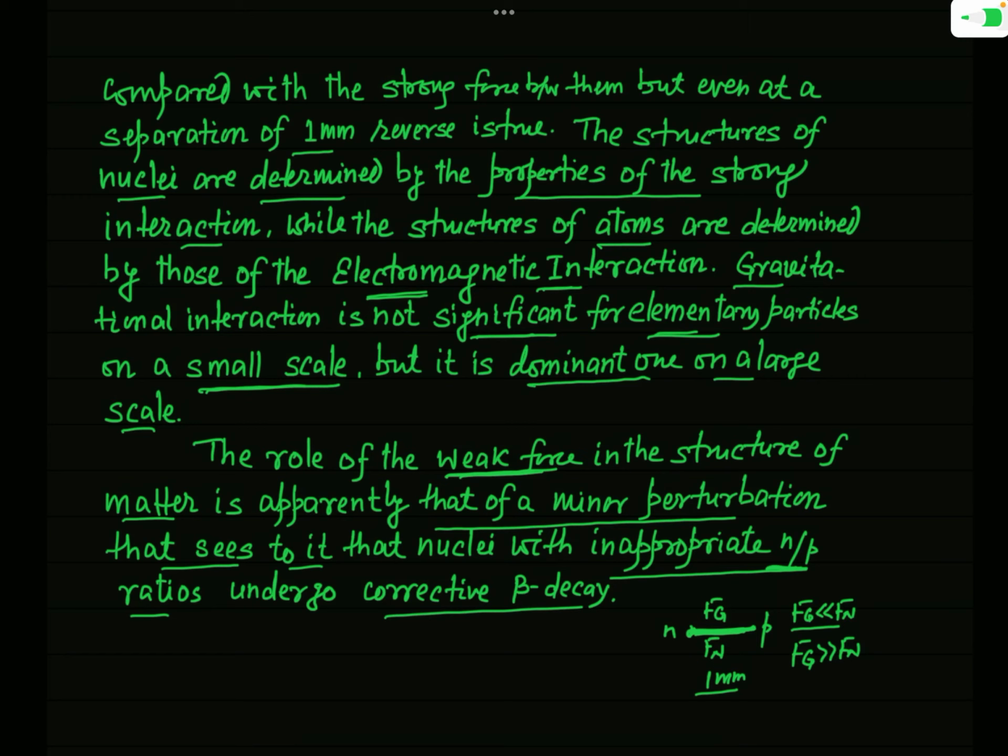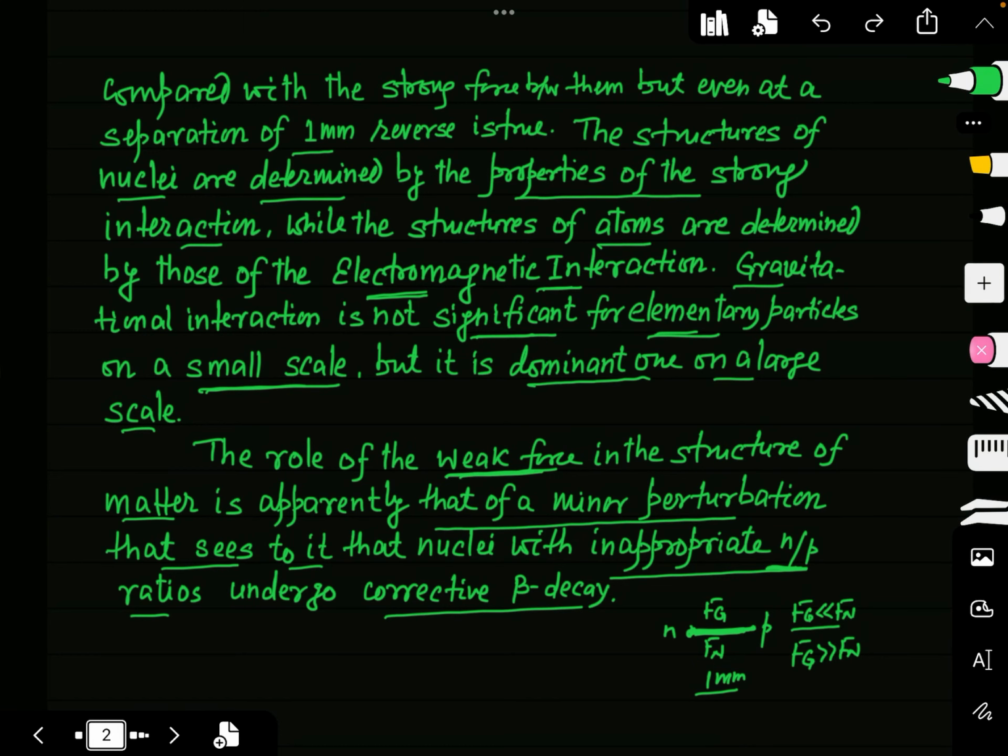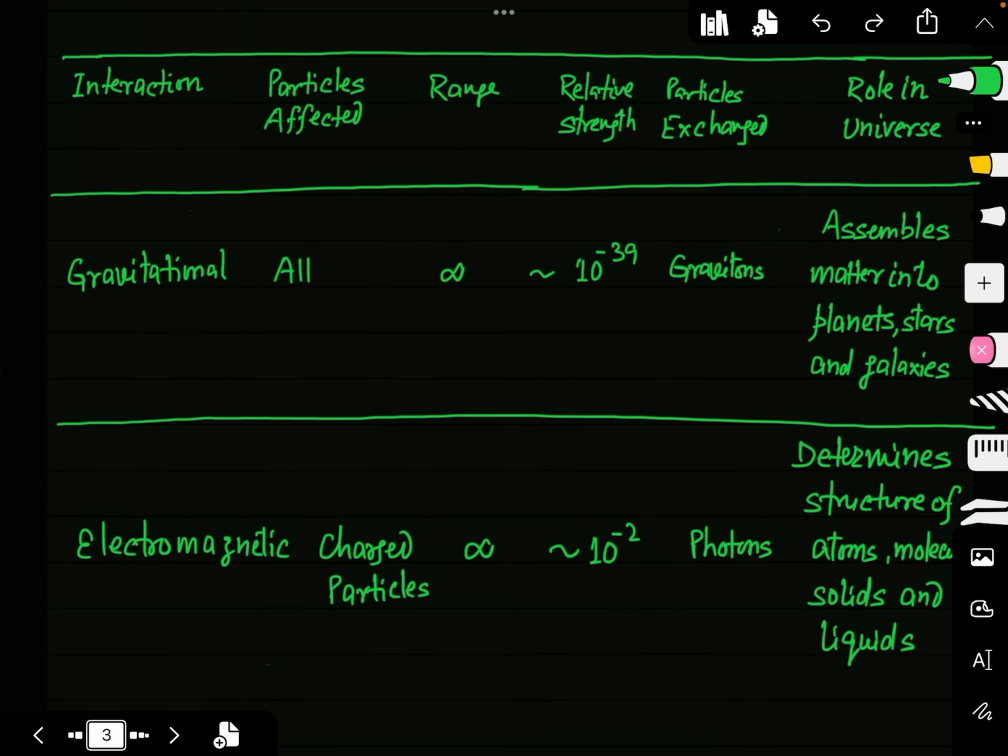On the other hand, the strong force is responsible for the structure of nuclei, and by means of the electromagnetic force, we can study the structure of atoms, and the weak force is responsible for phenomena like beta decay. So these are the important functions of these four interactions.